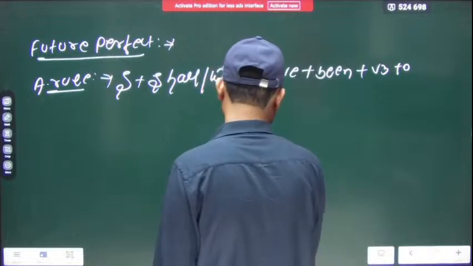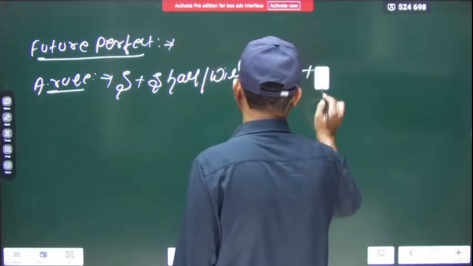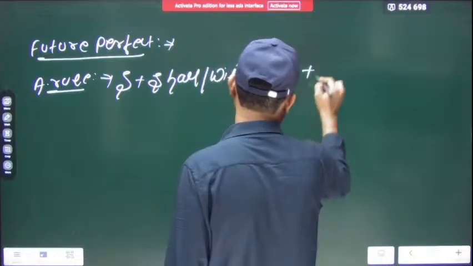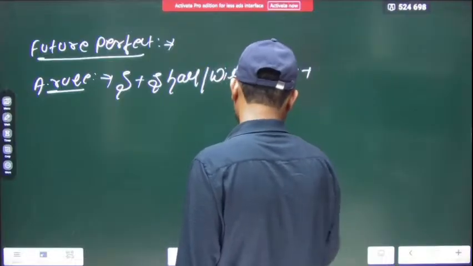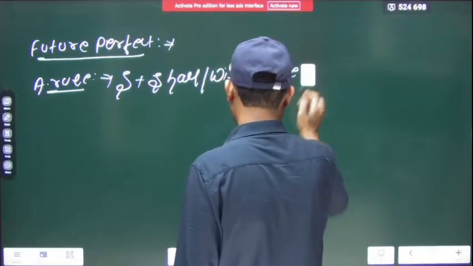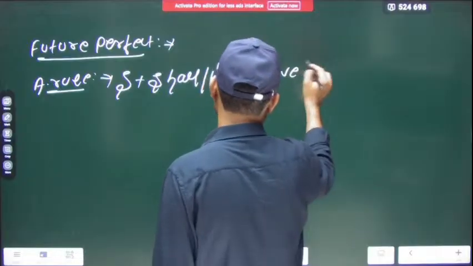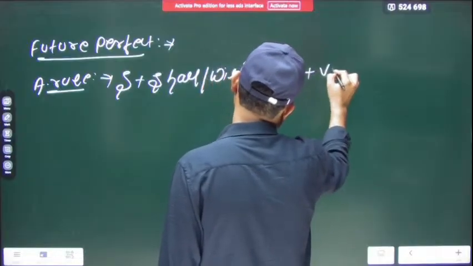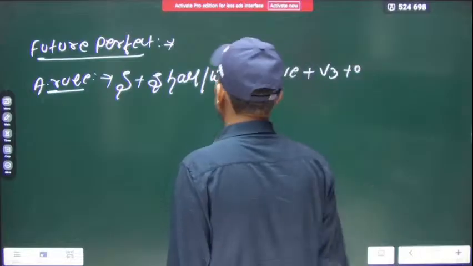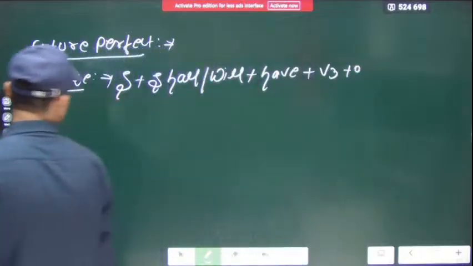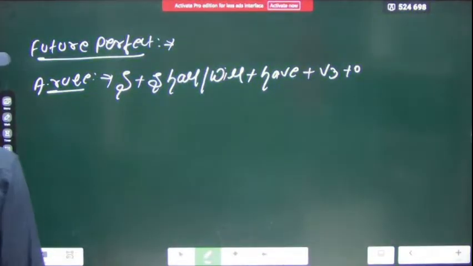Oh, sorry, been will not come here. Subject plus shall/will plus have plus verb 3 plus object. We are writing the affirmative rule, not the passive rule.